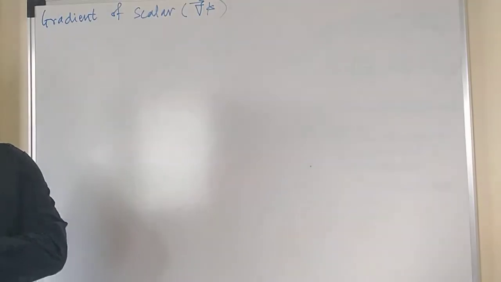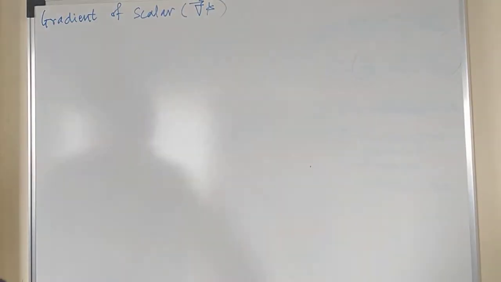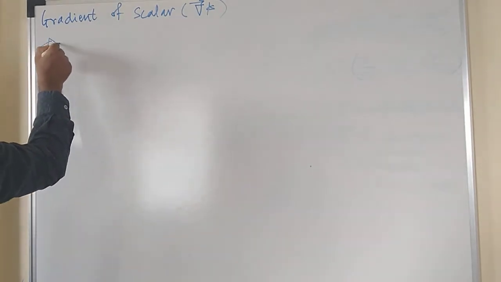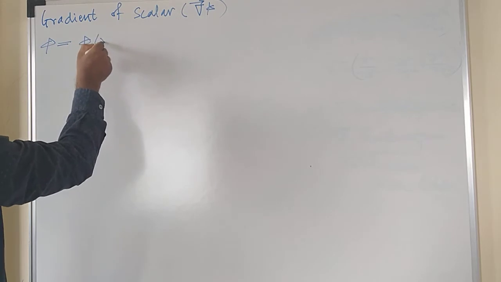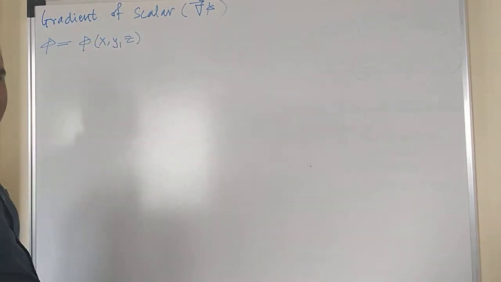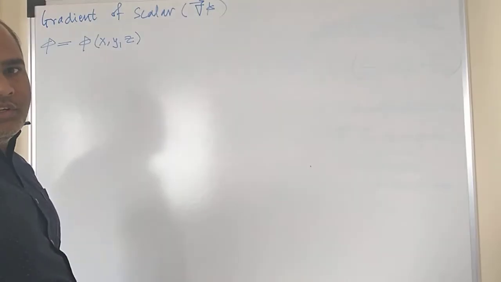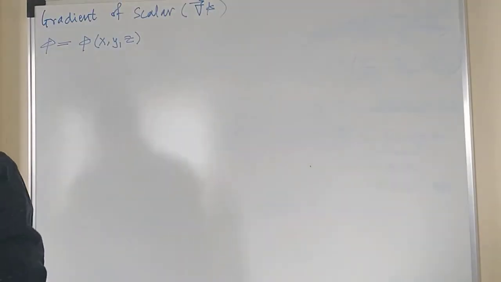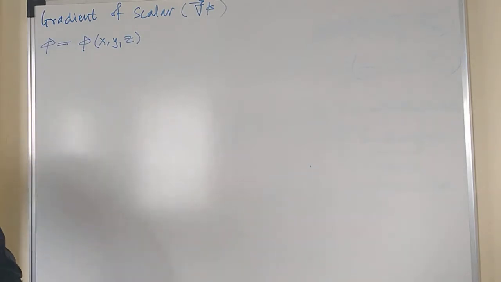Now to understand more clearly, let us consider the scalar point function phi. So phi is a scalar point function, and it is a function of three independent variables x, y and z. Got it? So x, y, z represents the position of the points, isn't it?